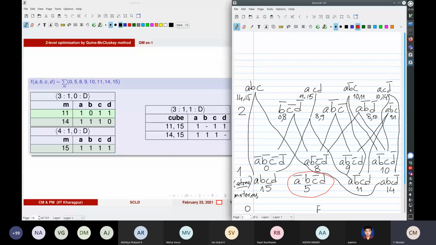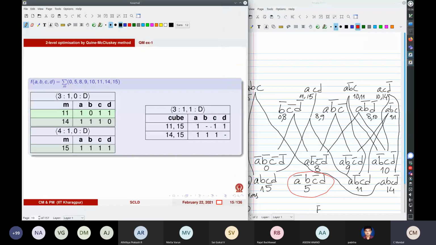But this one has been left behind. So in that sense, you can't really grow this cube anymore. This is a cube which you have not been able to grow because you haven't found any cube which is adjacent to this. So this one should be a prime cube or a prime implicant.